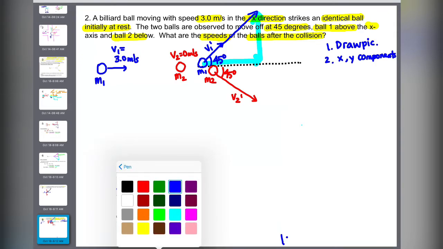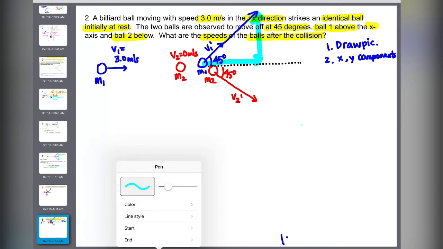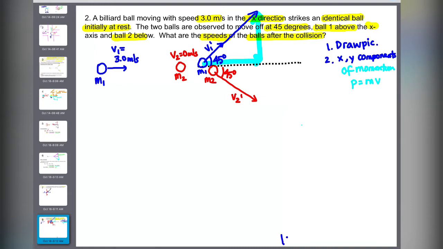Okay, so to break it into components, let's talk about, I'm doing the component of the momentum, right? And the momentum P is mass times velocity. Okay, so let's work on this. So this side is mass times velocity. This is m1 v1 prime.